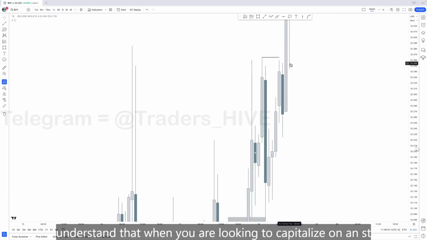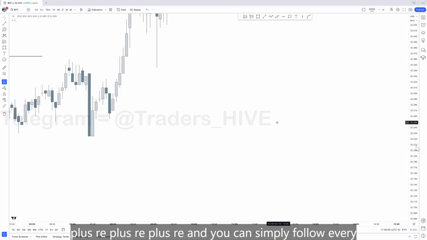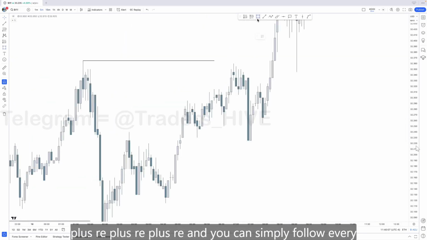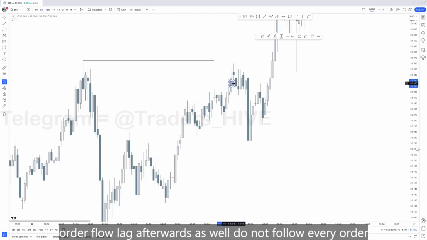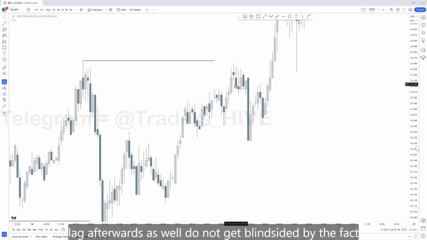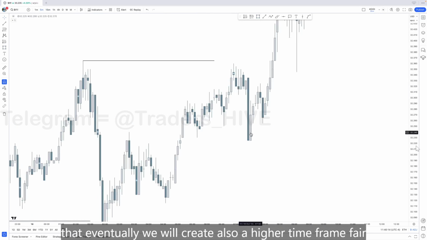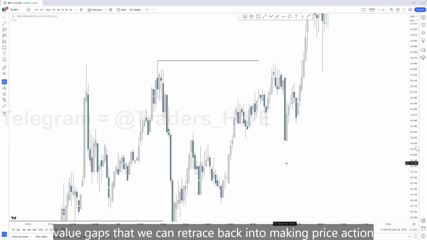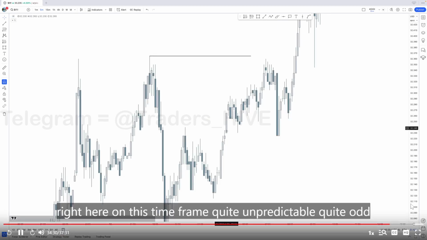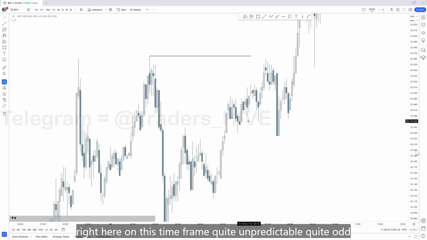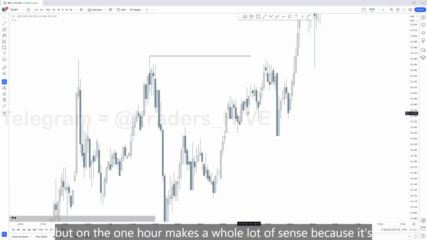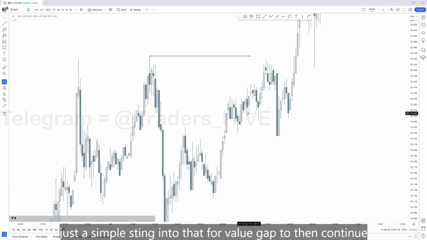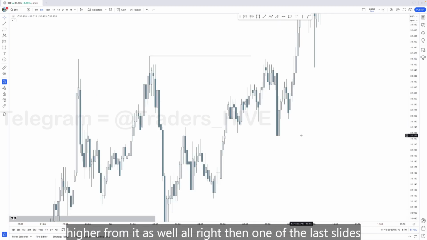That's important to understand: when you are looking to capitalize on an ST plus a re, plus a re, plus a re, and you can simply follow every order flow lag afterwards as well, do not get blindsided by the fact that eventually we will also create higher time frame fair value gaps that we can retrace back into, making price action right here on this time frame quite unpredictable, quite odd. But on the 1 hour, it makes a whole lot of sense because it's just a simple sting into that fair value gap to then continue higher from it as well.